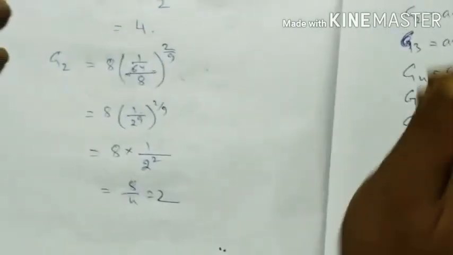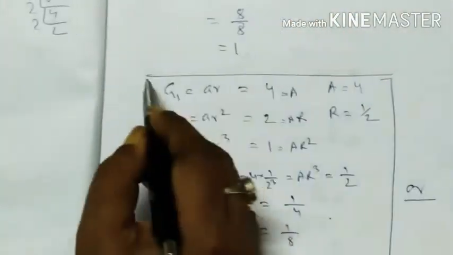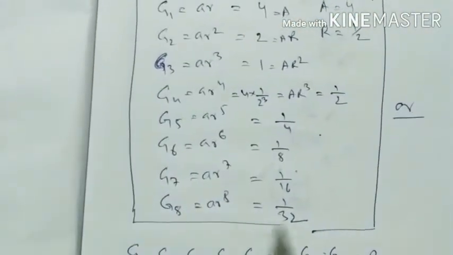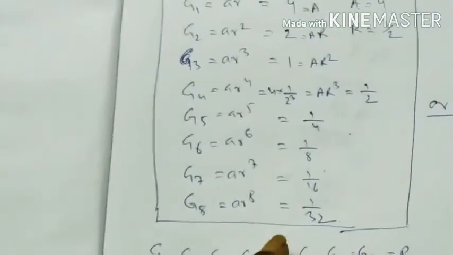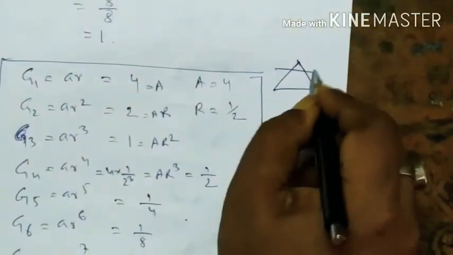This will be more clear for all. Instead of doing like this, it will be better for you and it will be easy for you if you go like this. Instead of this, here I am making a star. Instead of this, you go for all the geometric means.